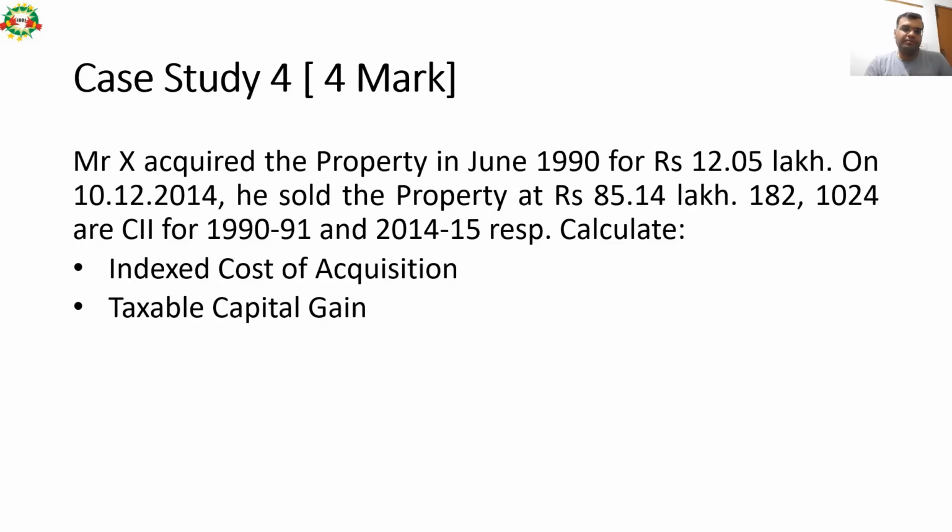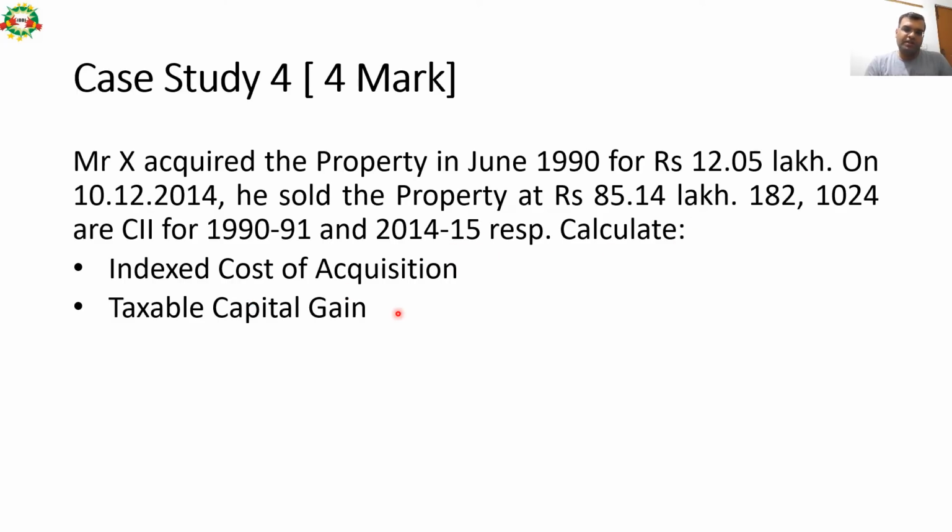Next case study. Mr. X acquired the property in June 1990 for rupees 12.05 lakh. On 10 December 2014, he sold the property at 85.14 lakh. Cost index for 1991 and 2014-15 has been given as 1024 respectively.